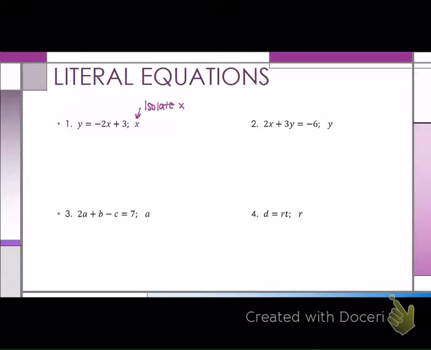So if we're going to solve this literal equation for x, we have to move the pieces that are farthest away from it first. So Grace, what is the first thing you would do? Subtract 3. Okay, we should be paying attention, boys.